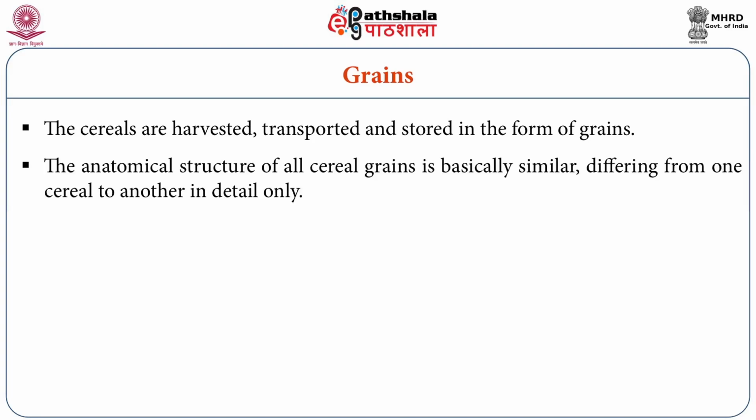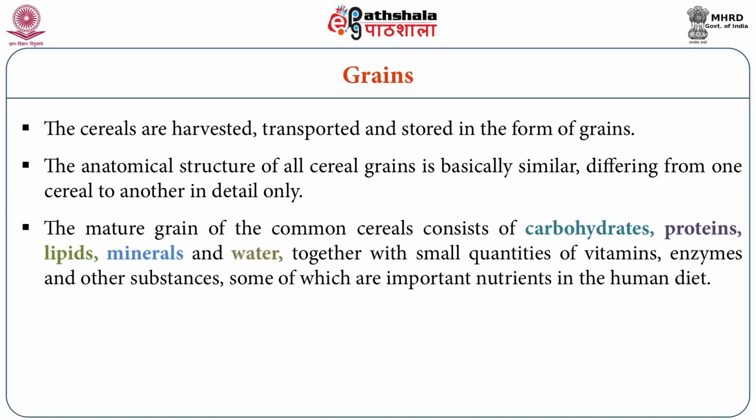The anatomical structure of all cereal grains is basically similar, differing from one cereal to another in detail only. The mature grain of common cereals consists of carbohydrates, proteins, lipids, minerals, and water, together with small quantities of vitamins, enzymes, and other substances, some of which are important nutrients in human diet.